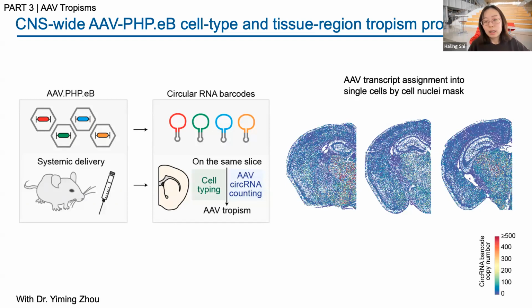Here are examples of the spatial AAV expression heat map for individual slides. Interestingly, the brainstem, especially the thalamus and the hypothalamus, show very high AAV expression compared to the cerebral cortex.